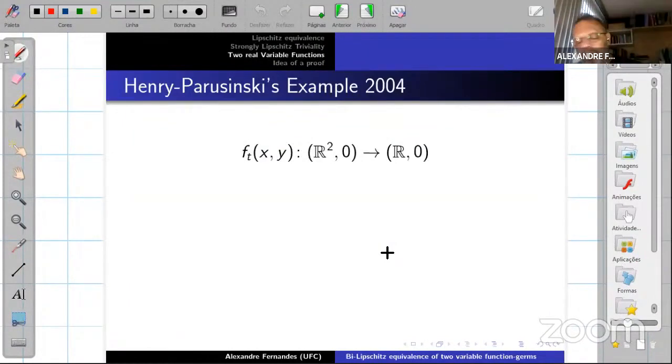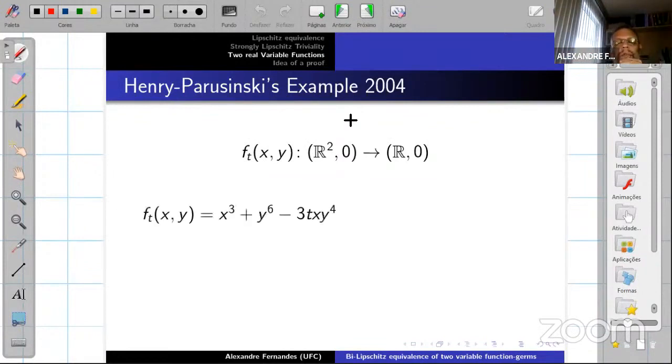So what happens in the real case? Henri Paris used the same invariant, and they proved that this family also gives us a moduli for the Lipschitz equivalence of real function germs.